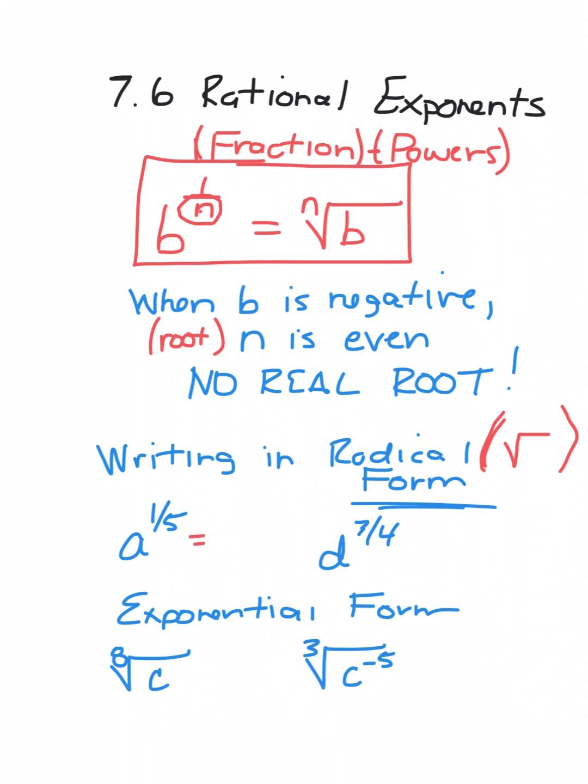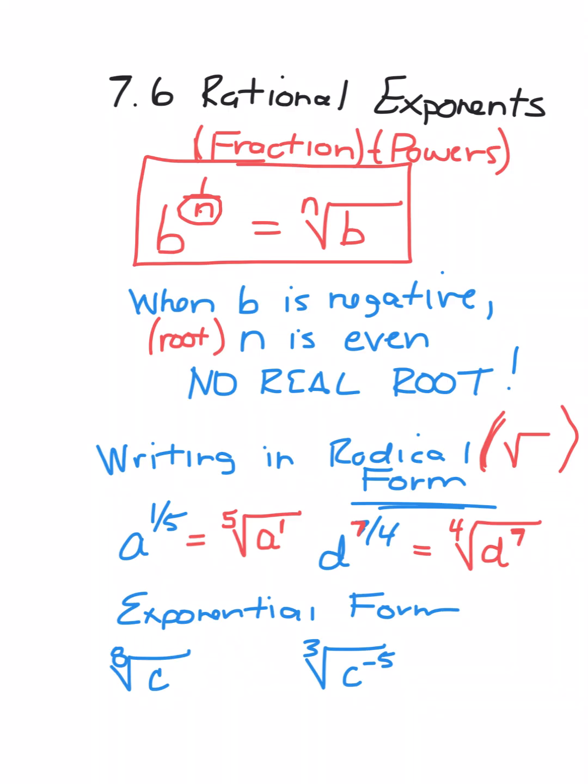So a to the 1/5 we could write as the 5th root of a to the 1st, but we really don't need to put that 1 there. d to the 7/4, that would be in radical form, the 4th root of d to the 7th power.